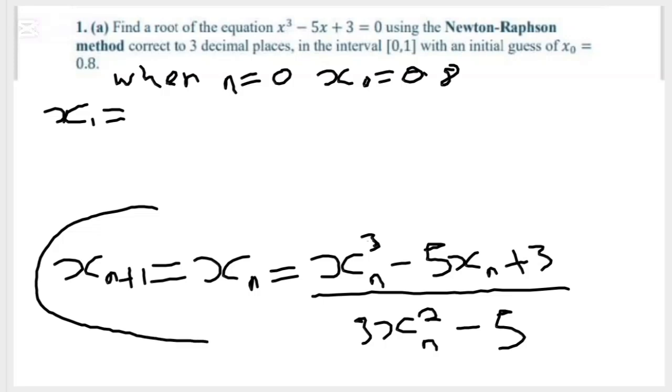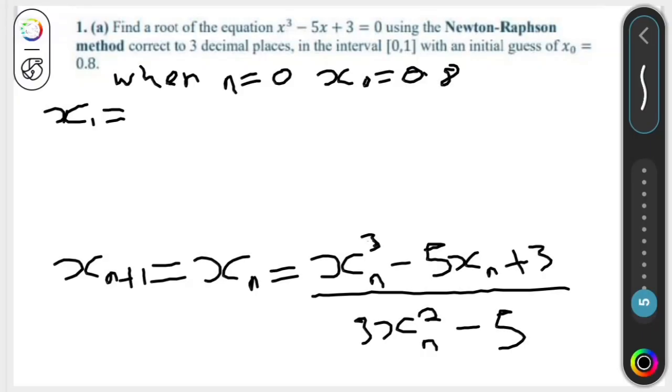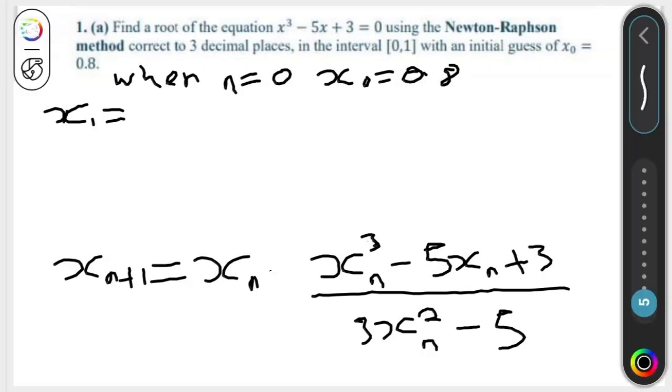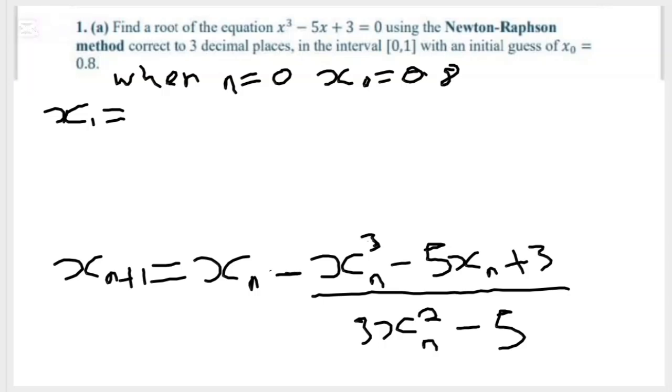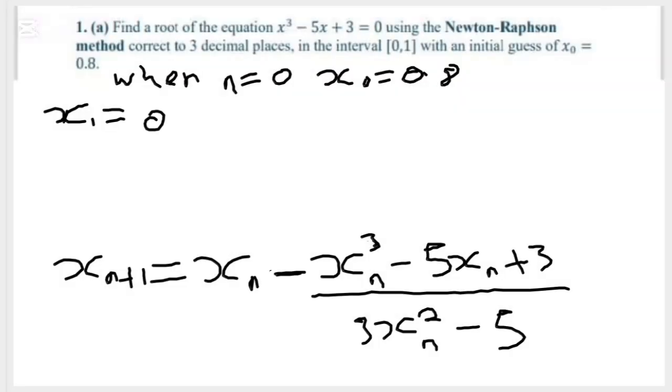So I'm going to substitute the value of n in this equation. But I'm sorry, I have a negative sign here. So xn is the same thing as 0.8, as given from the question.